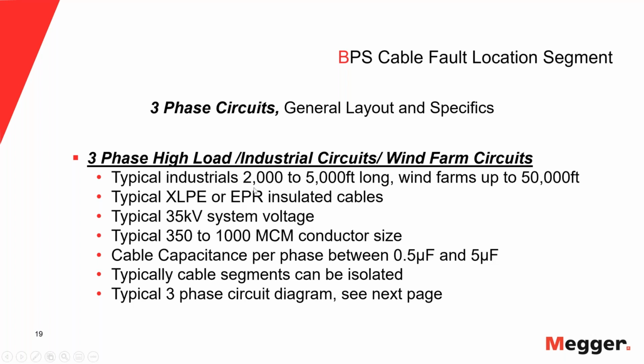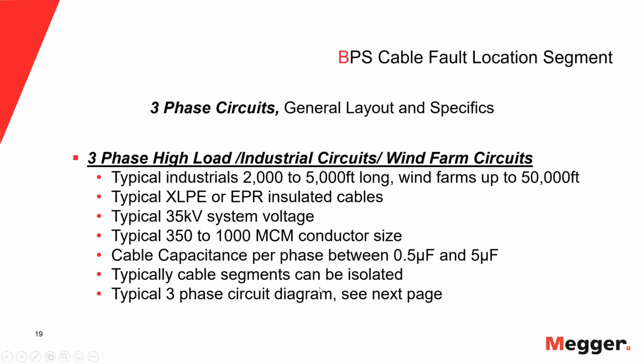Most of the time in these types of circuits, the cable segments can be isolated, and that is very important because when I have isolated segments of cable, my fault locating procedure becomes a whole lot easier compared to when I have one piece of cable, like we had in one particular incident with one wind farm, that was 26 kilometers long. Then fault locating becomes very difficult.